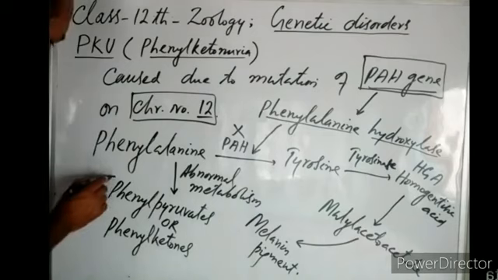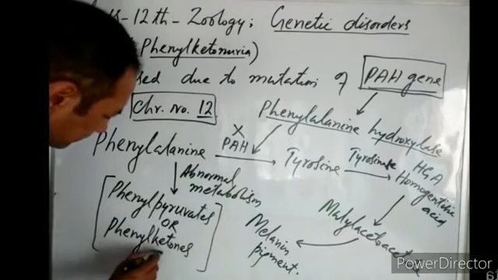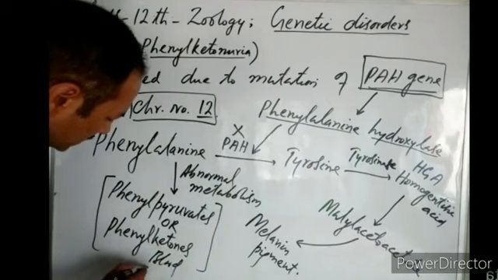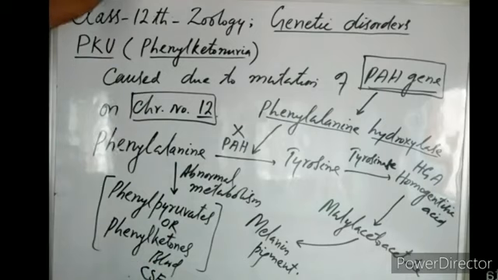These phenylpyruvates or phenylketones accumulate in blood, in lymph, in cerebrospinal fluid, and other body fluids, and their concentration becomes high.